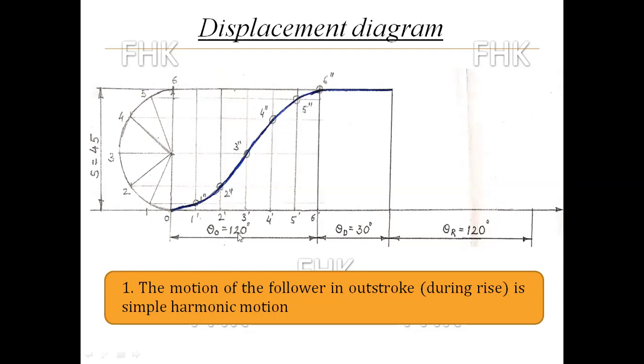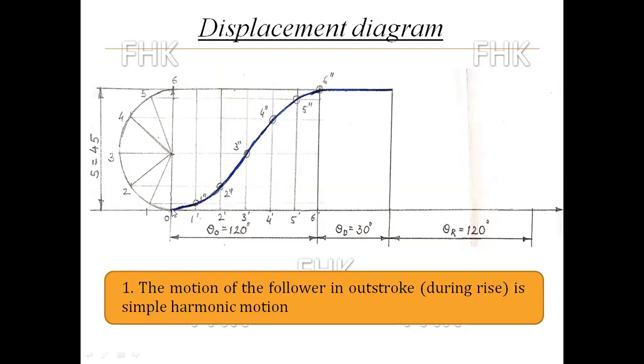The forward stroke is given as 120 degrees. That 120 degrees I will plot on the x-axis by taking a suitable scale. After that, I give numbers to all the points as 1 dash, 2 dash, 3 dash, 4 dash, 5 dash, and the last one is 6 dash.